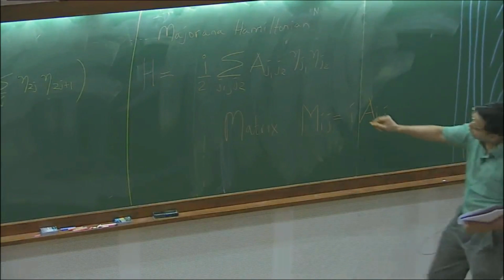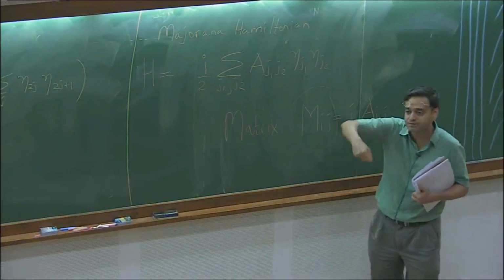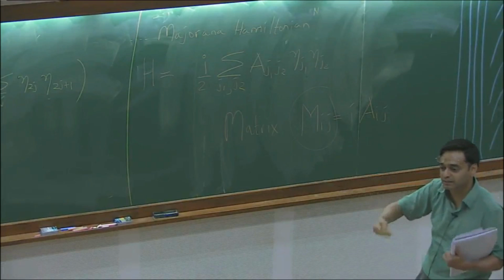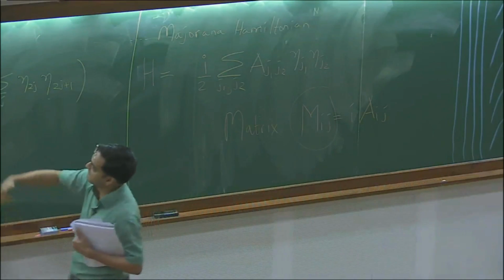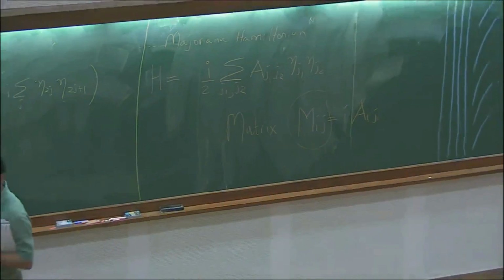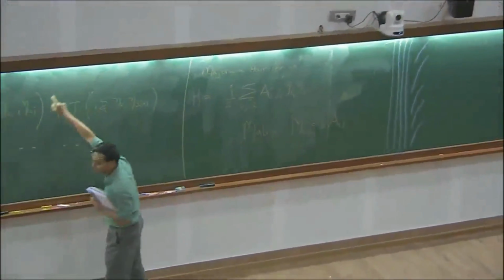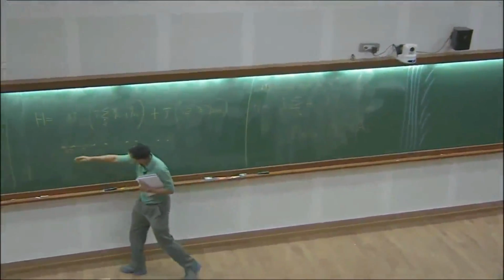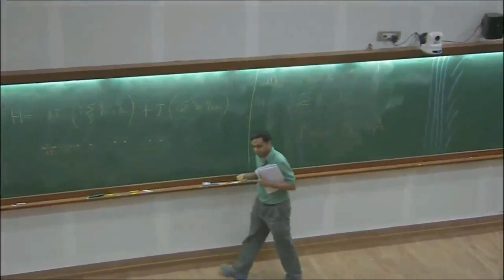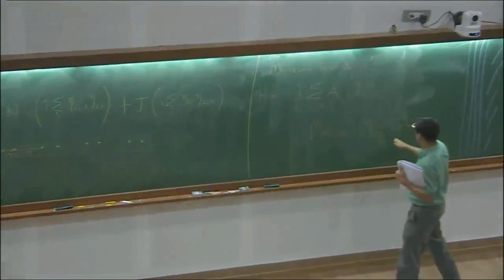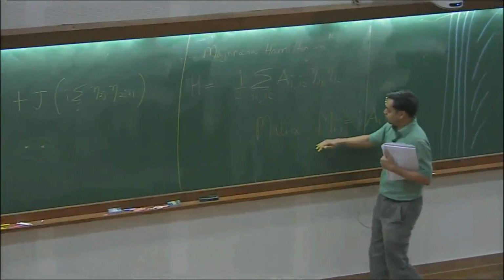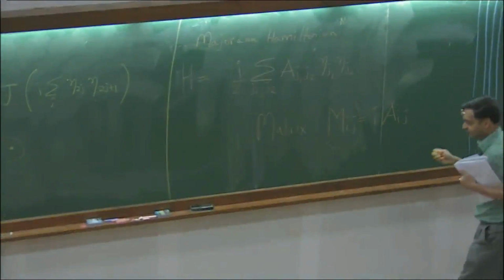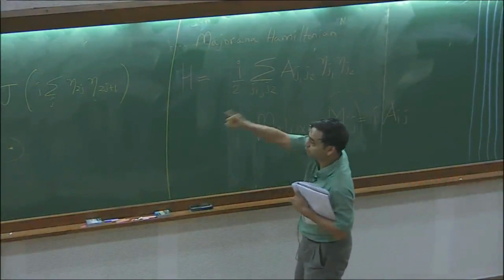So M could be the matrix of hops of a tight binding model of a single particle. And that's what I was doing here. I was taking the matrix elements of this matrix that is involved in writing this Majorana Hamiltonian down and interpreting it as a single particle problem for a Hermitian problem. And that's the matrix M ij. So the claim is, M ij has a spectrum.